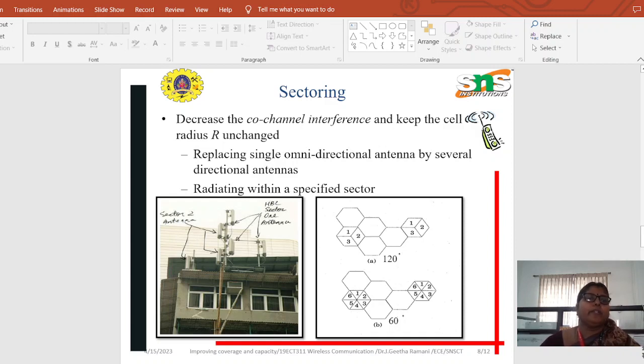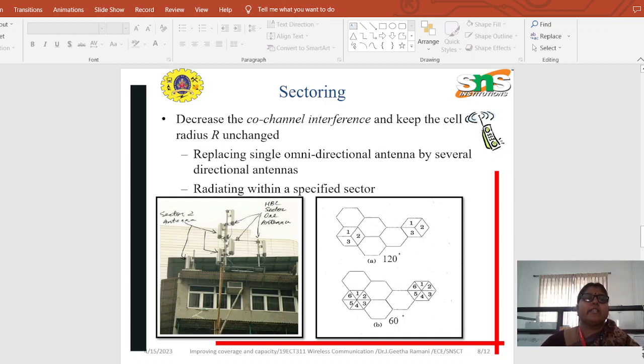What we are doing is replacing the single omnidirectional antenna by several directional antennas. Look at here, in this cell, instead of a single antenna, we are going to use 3 smaller antennas, each covering a particular region, radiating within a specified sector.